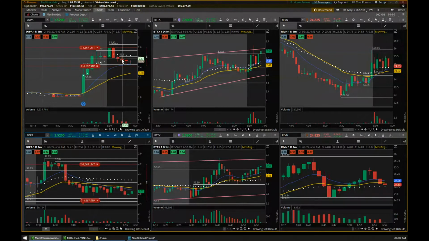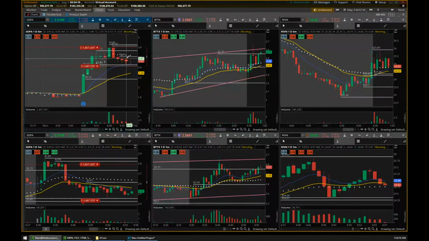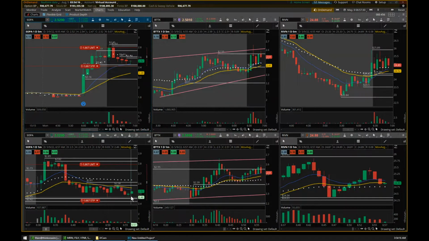Well, so far the bear's able to push for a lower high every single candle. God, tripping over my tongue. Every single candle here. Let's see if the bulls can step in and change that. And yes, sir, buddy.